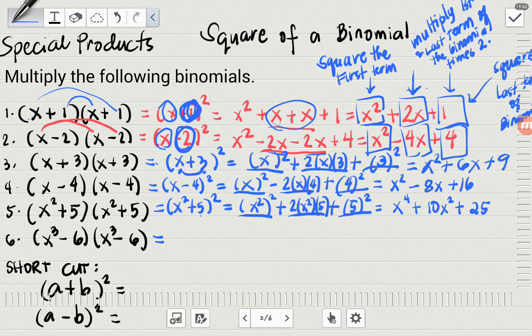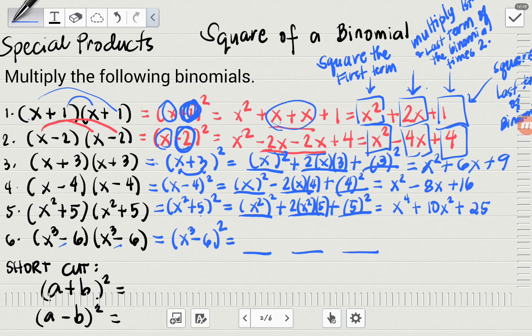X cubed minus 6 times x cubed minus 6. So, parehas lang din sila ulit. So, that's square of x cubed minus 6. Again, alam natin na ang sagot sa square of a binomial ay tatlong terms.